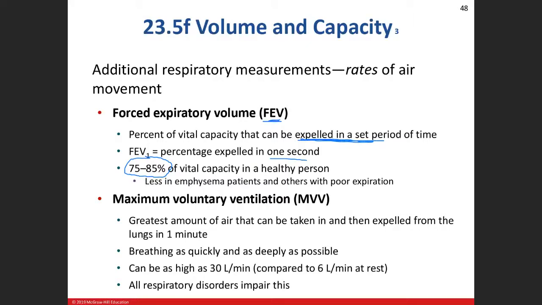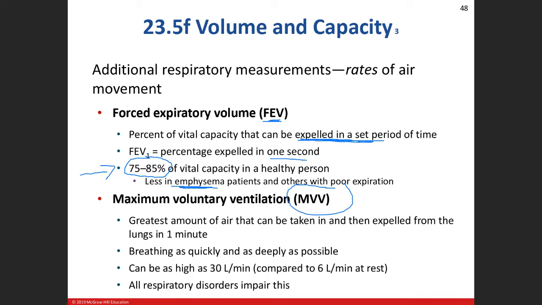For folks that have issues with elastic performance of the alveoli, a perfect example being older patients or folks with emphysema, that value will be lower, because the alveoli cannot return to their normal configuration. It's harder for them to get the air out of the alveolar sac. So this number will be much lower here.